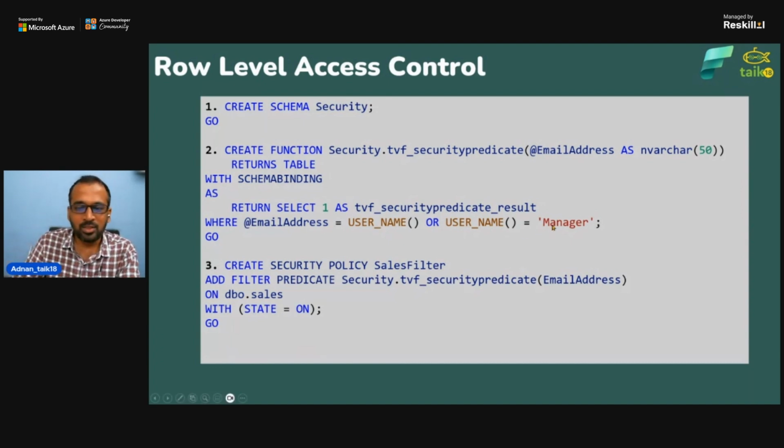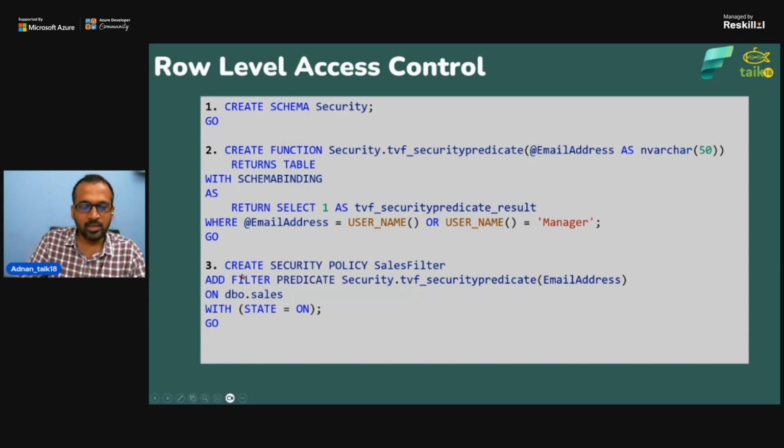Or the username is equal to manager. If it's a manager assigned, because a manager can see multi-level information, to restrict that, we can also use that option here. But for now, we'll just focus on email ID equal to username. So if the user logs in, then they can see only that particular data here.